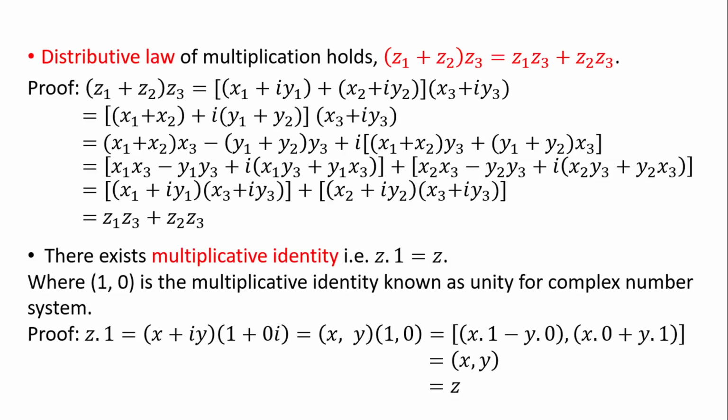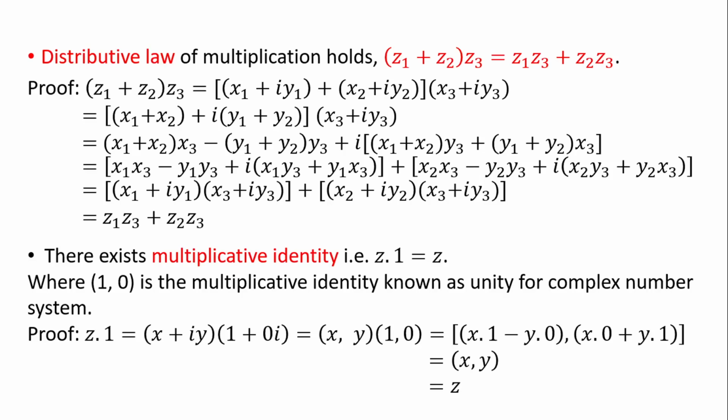In this way, x into 1 minus y into 0, and x into 0 plus y into 1. So this is simply equal to (x, y), and that is equal to z. So z into 1 equal to z. Thus there exists a multiplicative identity for product of complex numbers, and that is equal to (1, 0) or simply 1.